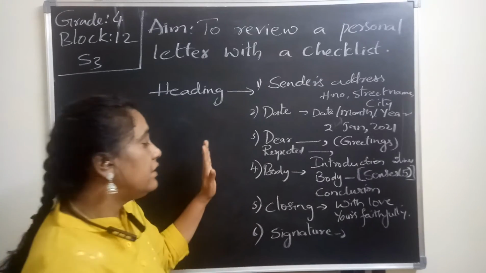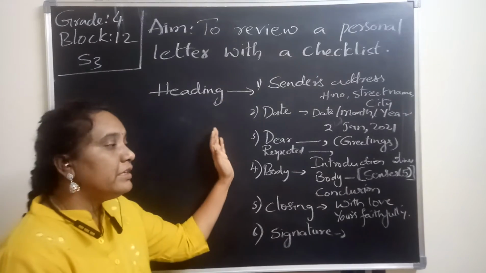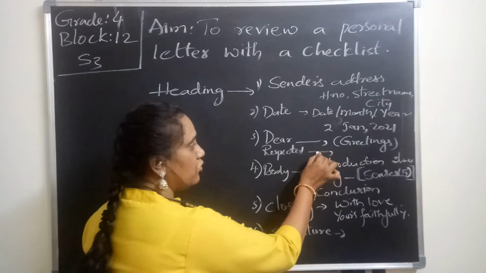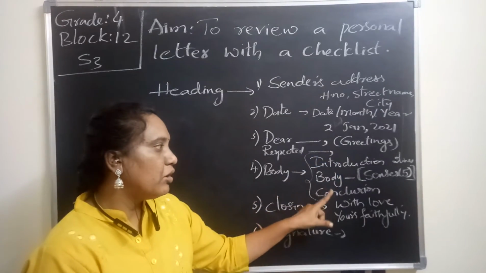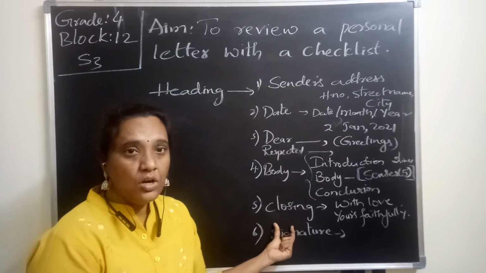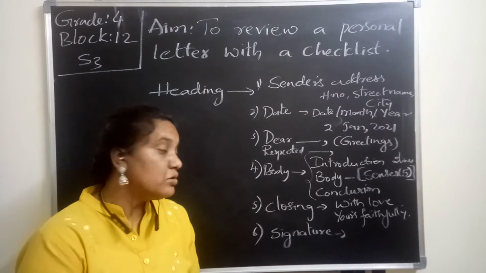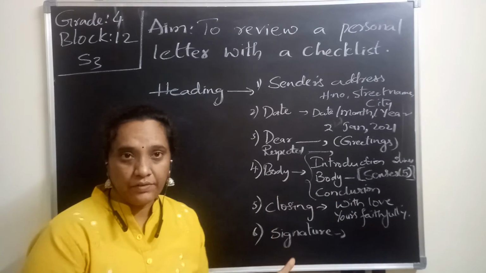We want to remember that each and every part of the letter contains all these things. The main thing is the body, where we want to write three parts: the introduction, the body part, and the conclusion. Then comes our closing, where we close the letter by saying With love, Yours faithfully, Yours lovingly.